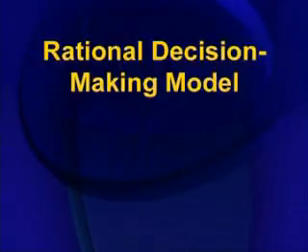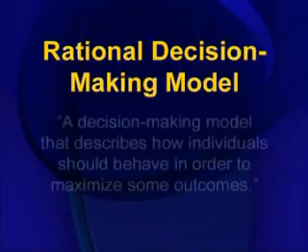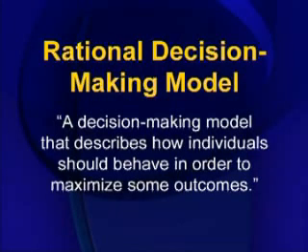Then we tried to understand different models of decision making. The first one was rational decision making, a decision making model that describes how individuals should behave in order to maximize some outcomes. Normally, this is the approach by people to achieve the goals.